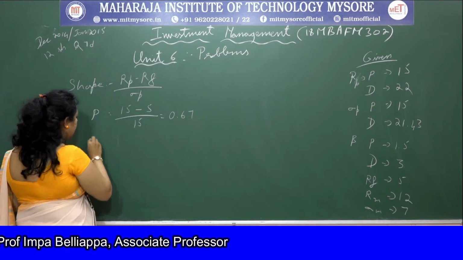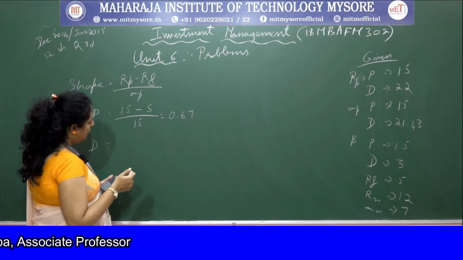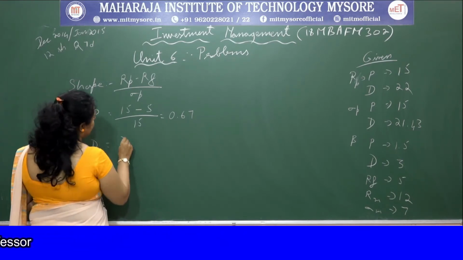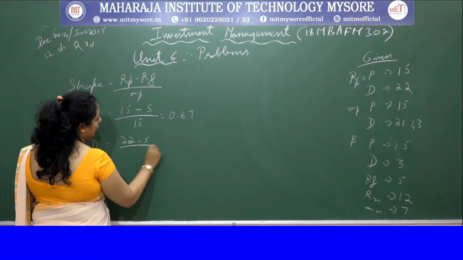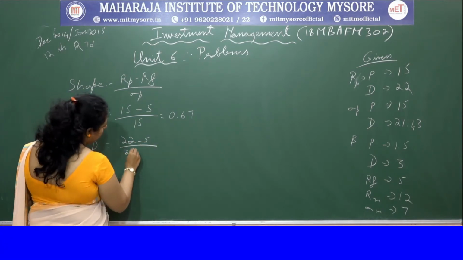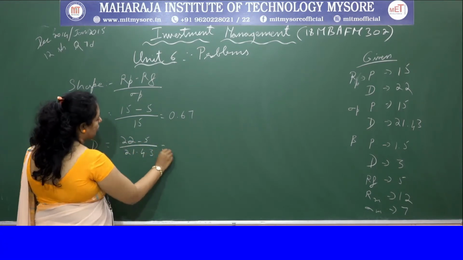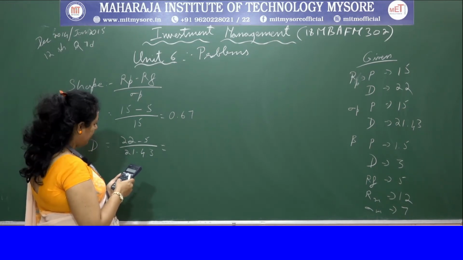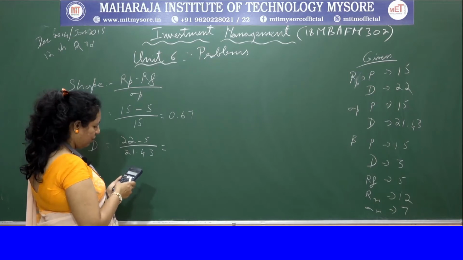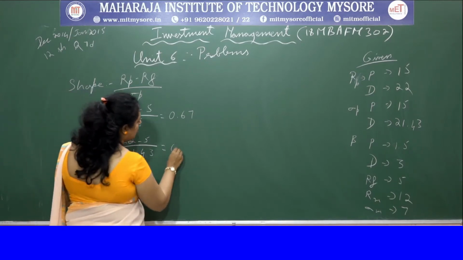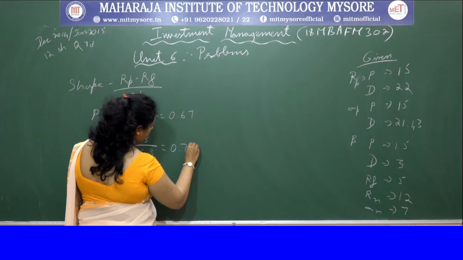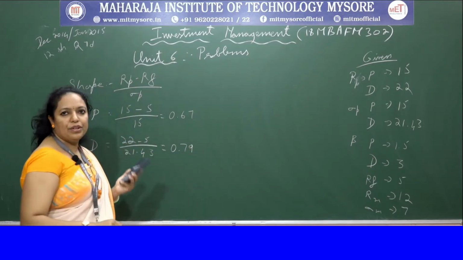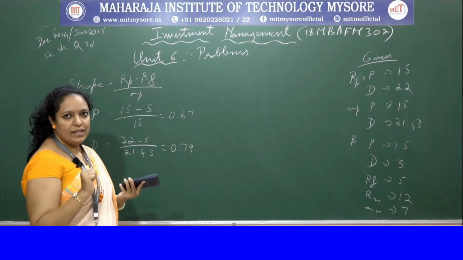Let's go to Diamond. The return is 22 minus 5 divided by 21.43. So 22 minus 5 is 17 divided by 21.43. You get 0.79. So this is the answer for Sharpe's measure.